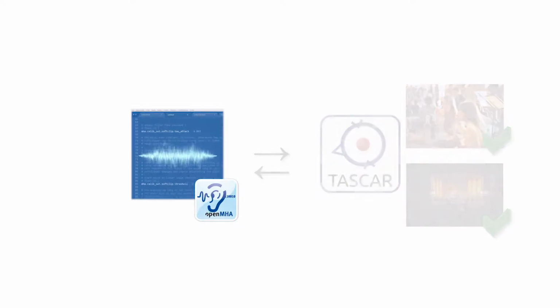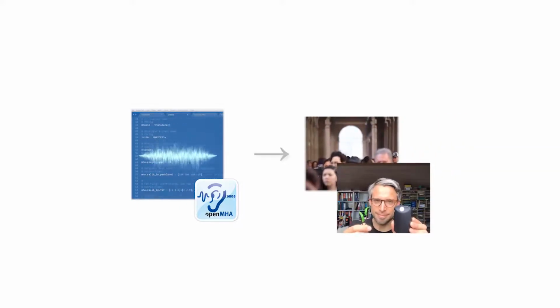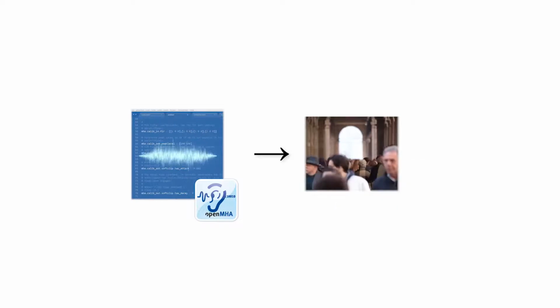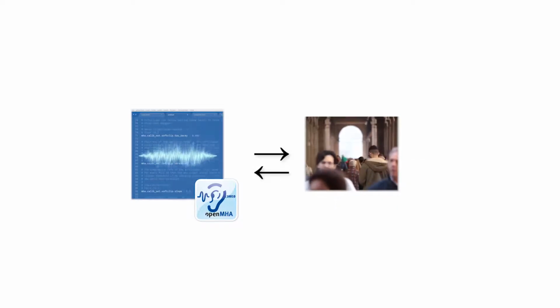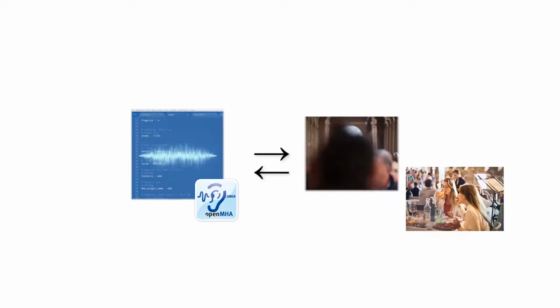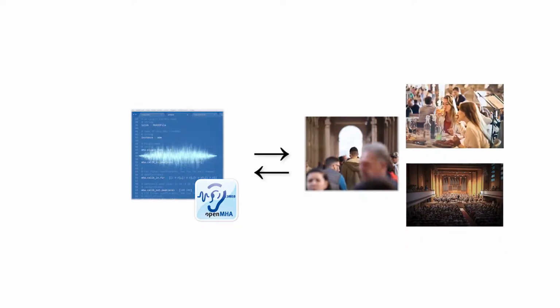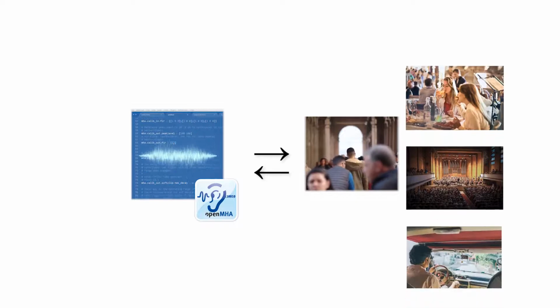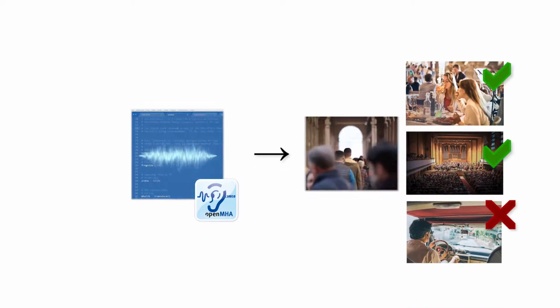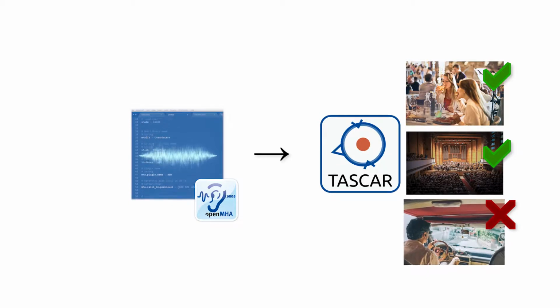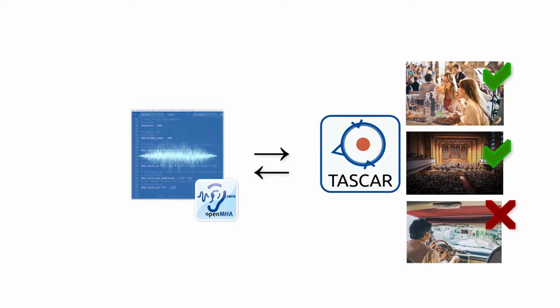After, you let a participant test this algorithm in the wild for a week, and maybe this person will come back and will tell you that it worked very well in the cafeteria and in the concert hall, but he had problems when he was driving a car. Then you could implement a car simulation inside Tasker and improve your algorithm until it's also working in this situation. This way, you can be sure that your algorithm has the best performance before releasing it to the market.